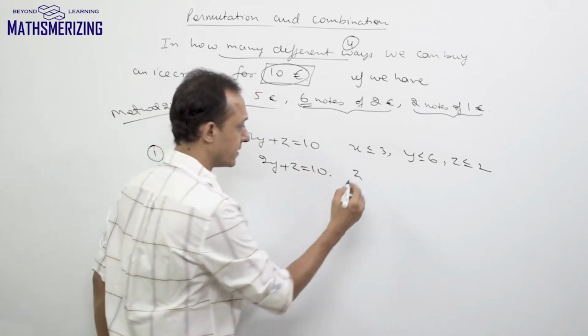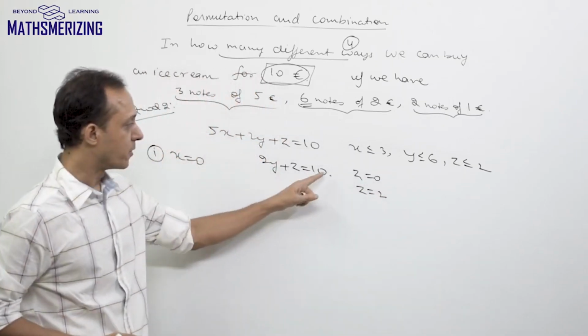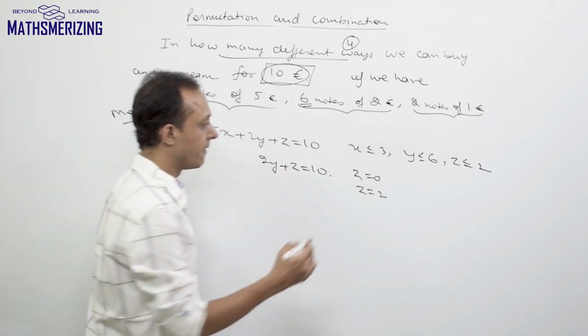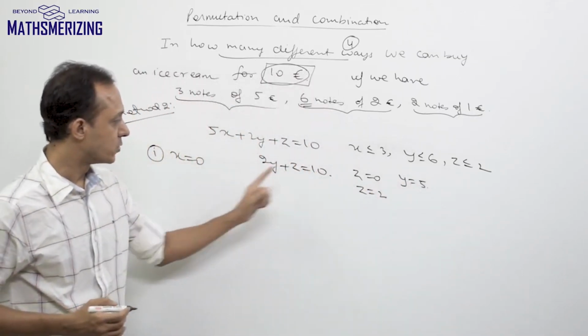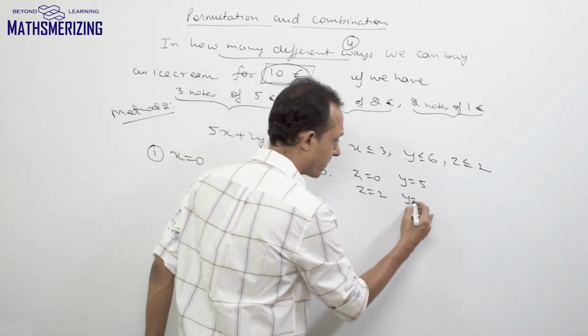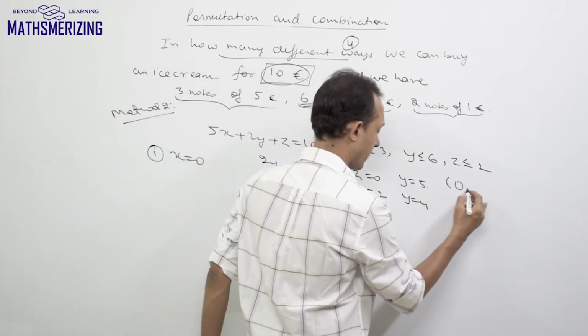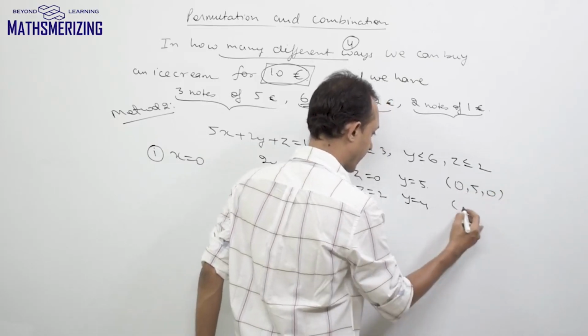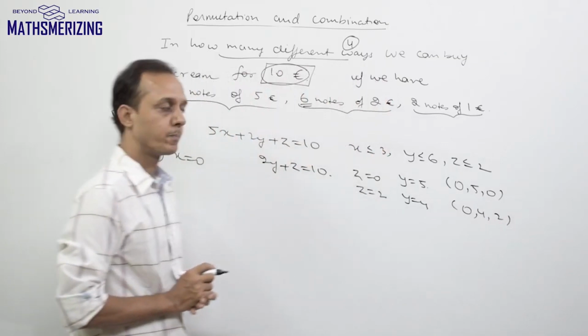So I can choose z as 0 or z as 2. If I put z as 0, I'll get y as 5. And if I put z as 2, I'll get y as 4. So I get 2 solutions. One solution is 0, 5, 0, and the other solution is 0, 4, 2.